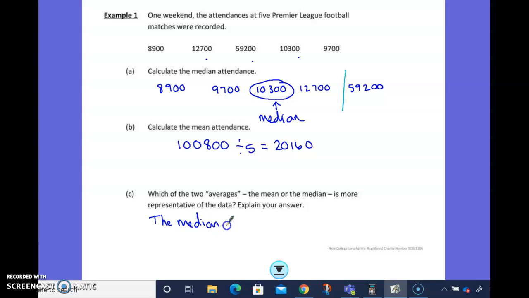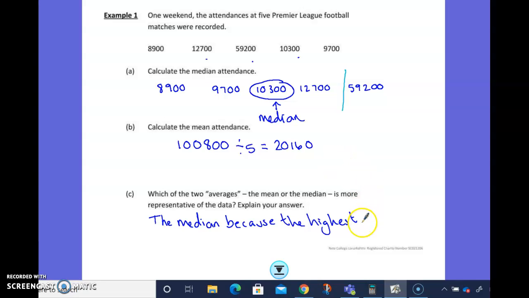And the reason for that is because the highest number is so much higher than the rest, this big outlier, we call it, because it's so far away from the rest, it skews the data. Okay, and that makes the mean not as good a representation in this case as the median.